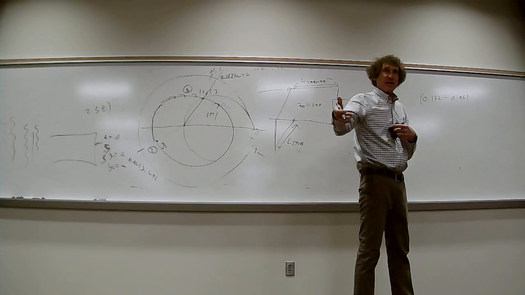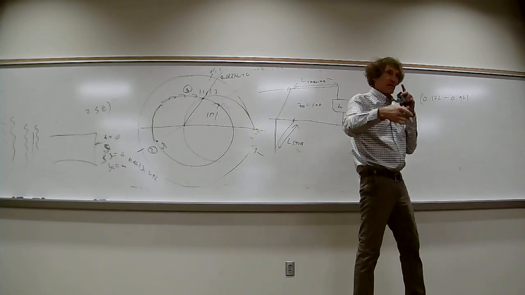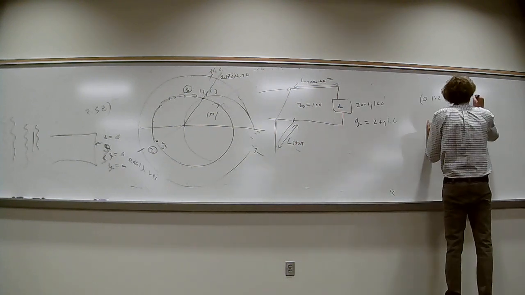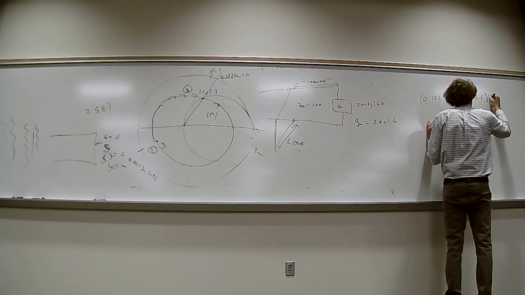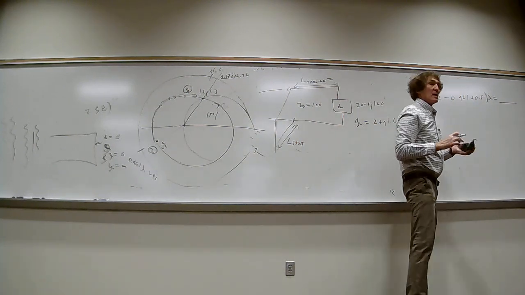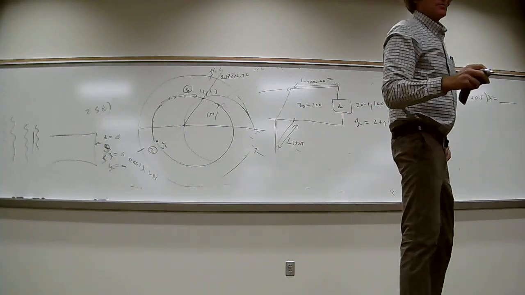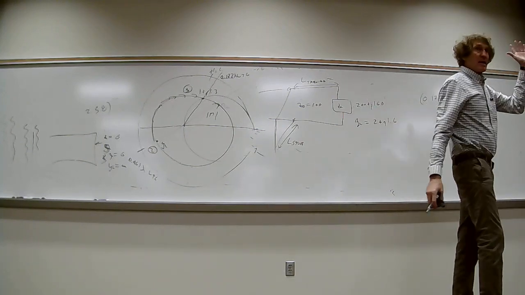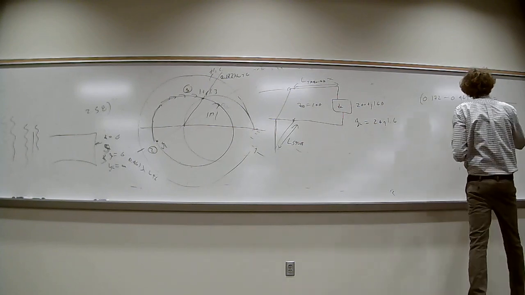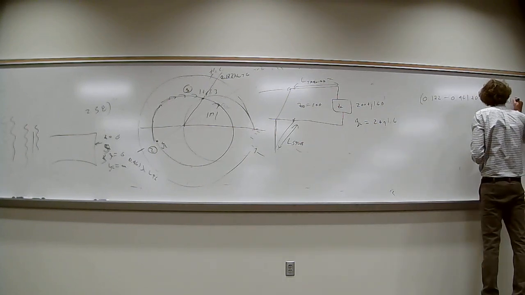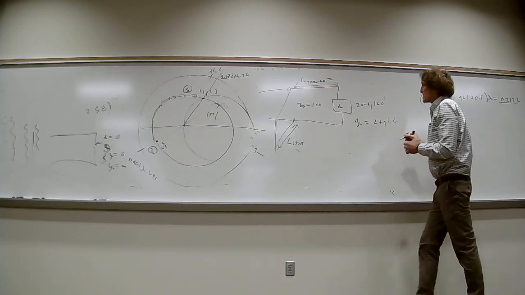Y'all follow me on this? Anytime you've got a negative value, you add a half wave onto it. So it's going to be 0.5 lambda. And what's this value? 0.212. About right? How many got that? All right, 0.212. So that's the distance that I move.